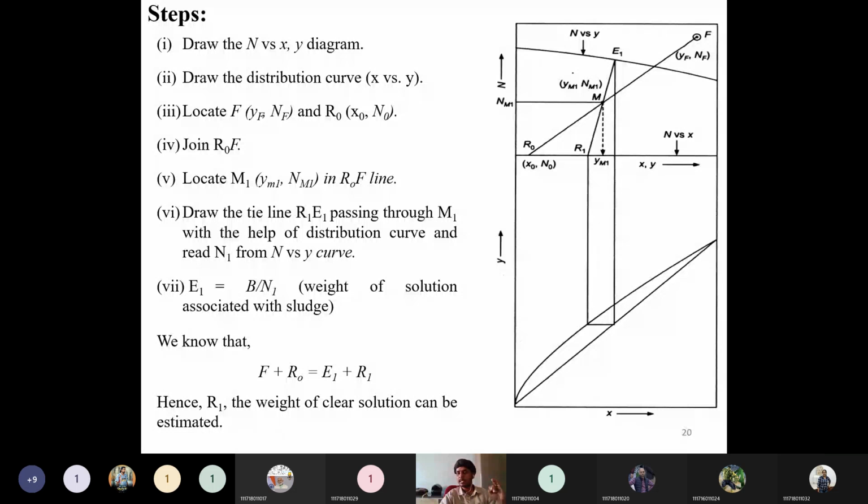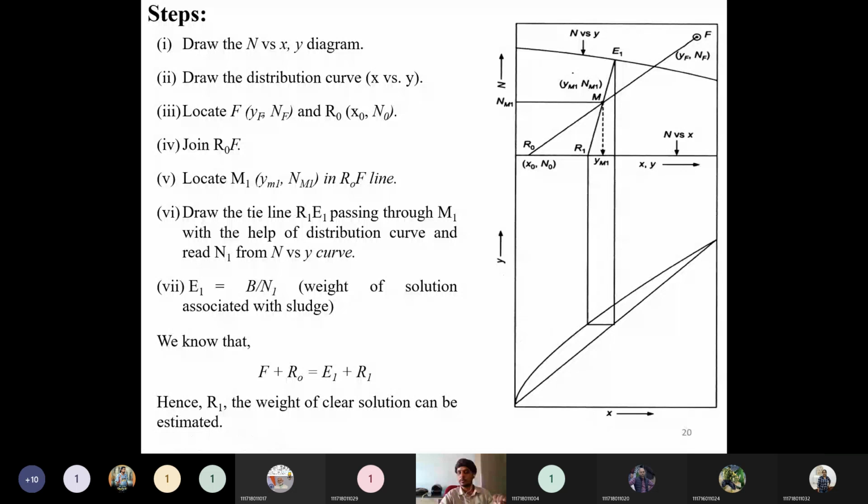This point is y1 if this is your true tie line. This one projected on the y-axis is y1, and this one projected to the x-axis will be x1. So y1 is the composition of solute in the extract phase, and x1 is the composition of solute in the raffinate phase. Since one stage is completed, we can go for the multi-stage operation.